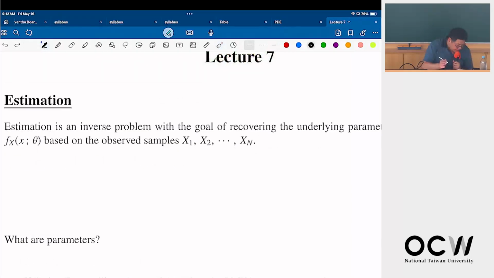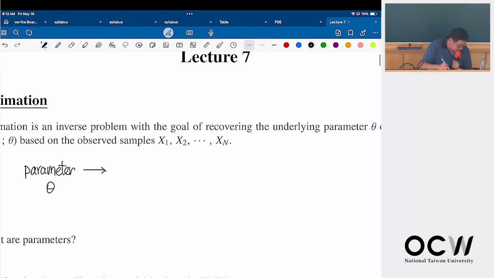So if we have theta, the parameter, then we can get our PDF, the distribution. So this is a distribution.